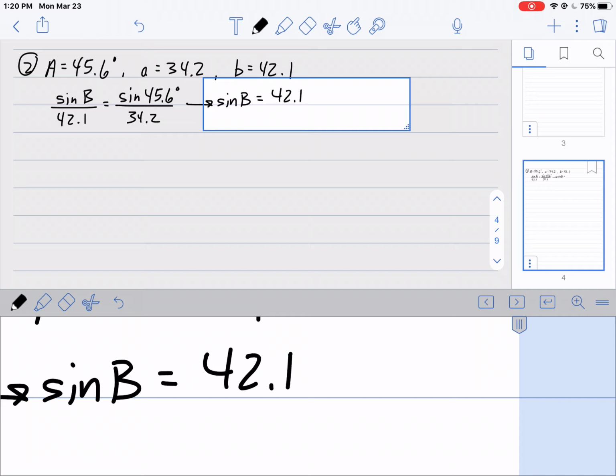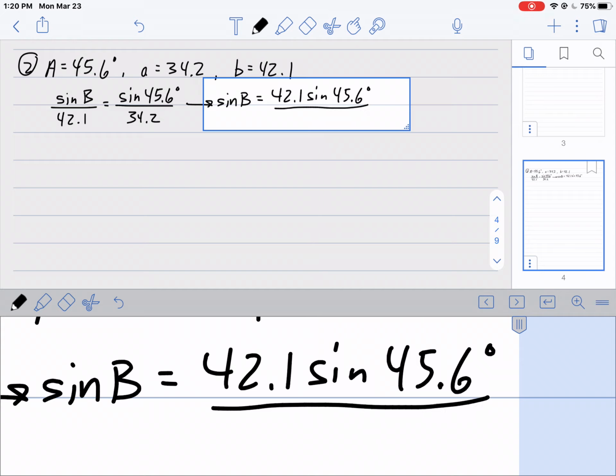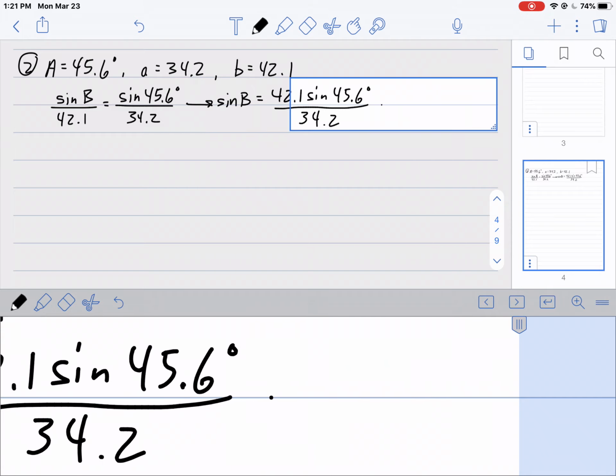So you've done a couple of these now. We kind of get into the routine of how we solve these proportions or solve these equations over 34.2. Okay. And then I said I like to go ahead and approximate this thing, the sine of B. And I've got approximately 0.8795.